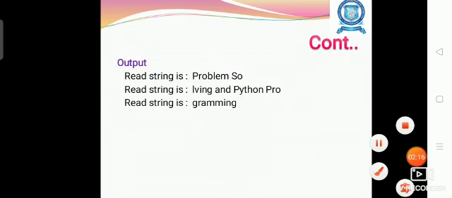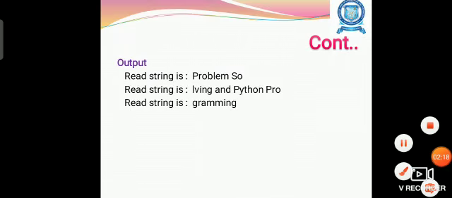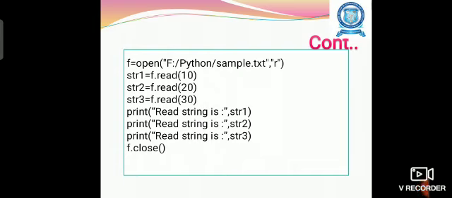f dot read of 10 means f is the file object we have created for the file sample.txt. In read of 10, we have mentioned 10 characters, the count value 10. We want to get the first 10 characters from the file.